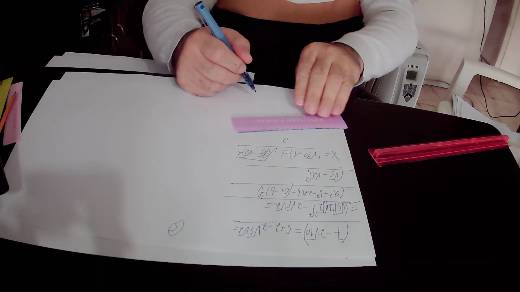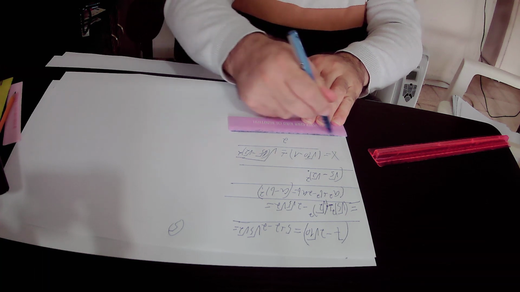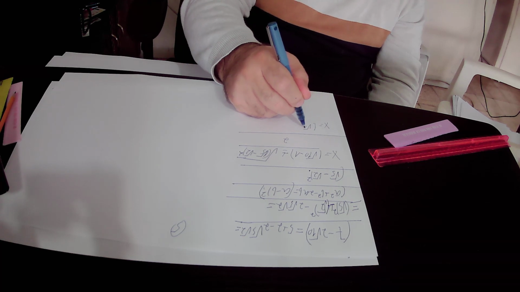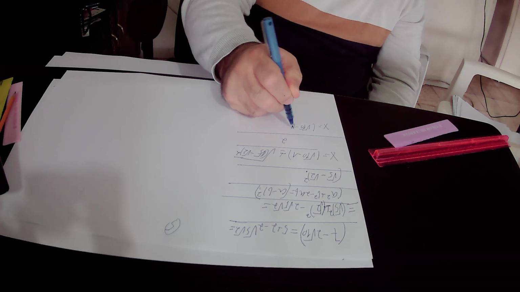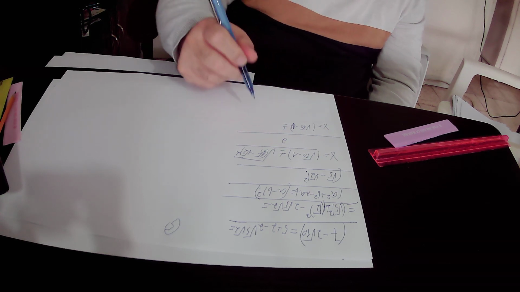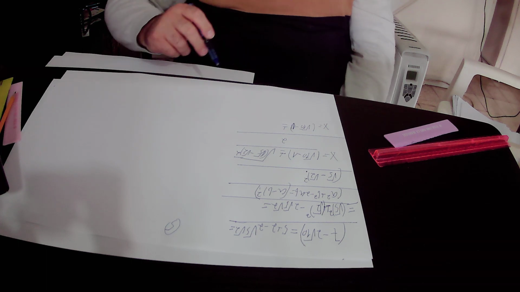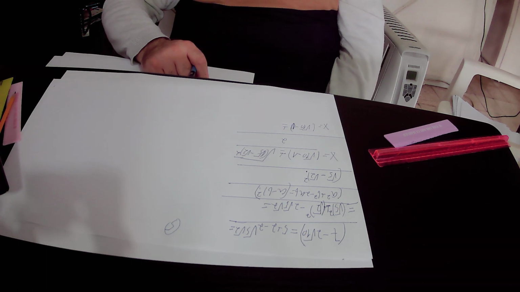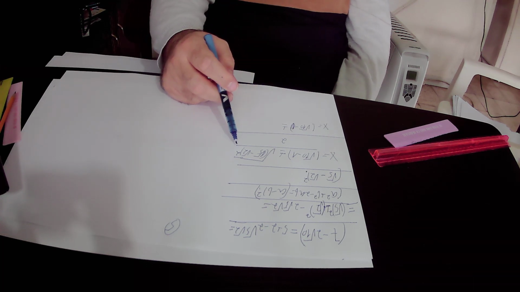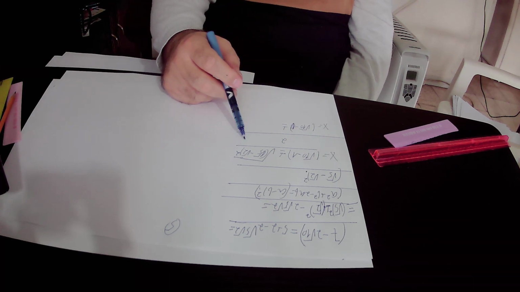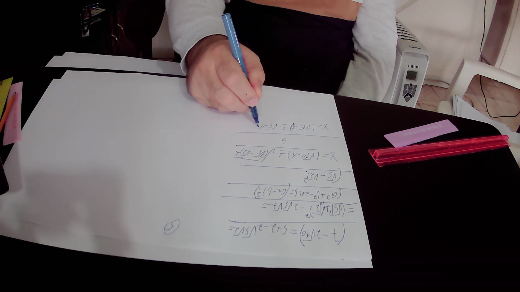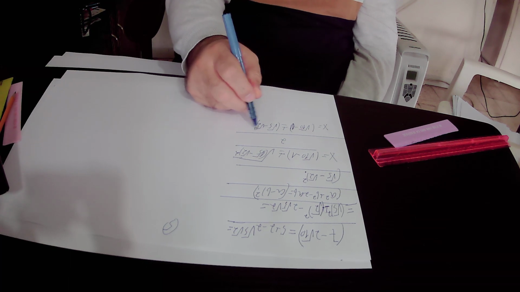So we actually got here that x equals square root of 10 minus 1 plus minus. Here inside the root we have (square root of 5 minus square root of 2) squared. So here the square cancels the root, and we are left only with square root of 5 minus square root of 2, all divided by 2.